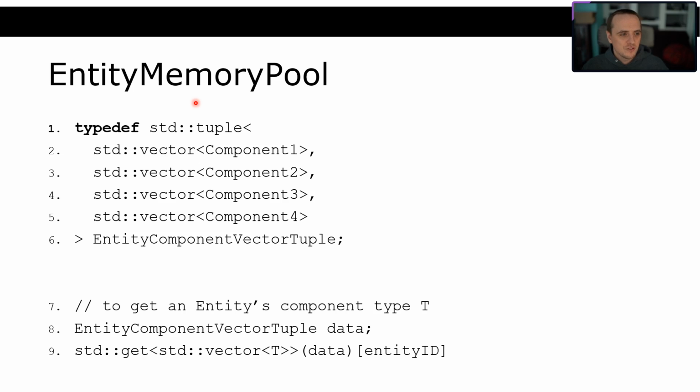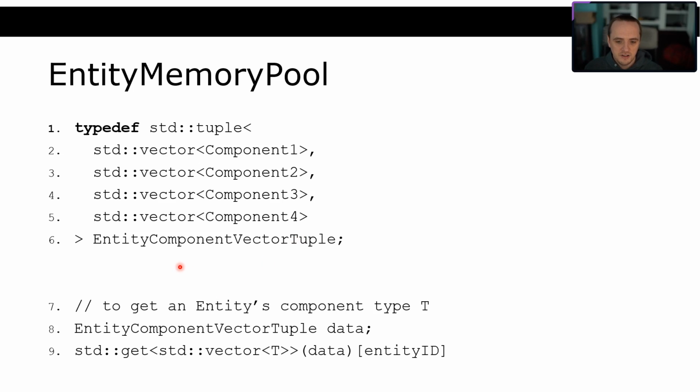We want to move away from that. Rather than having that, what we're going to have is multiple vectors, each only storing a particular component type. That's going to be called our entity component vector tuple. So it's an entity component vector, and that's a tuple storing the entity component vectors.